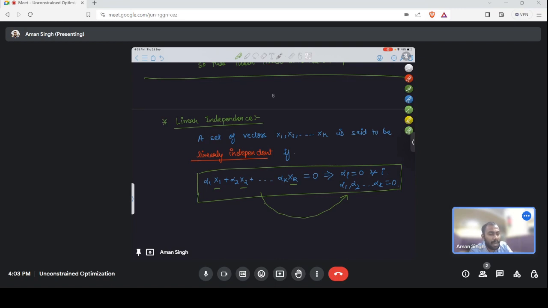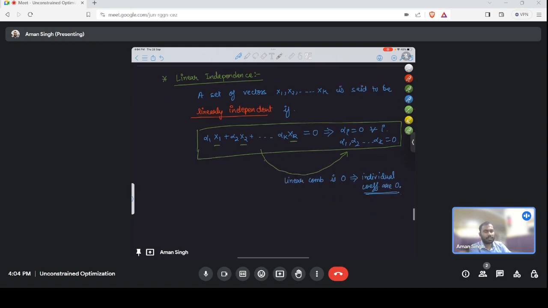They should not add up to 0 for non-zero coefficients. So the linear combination is 0 implies individual coefficients are 0.